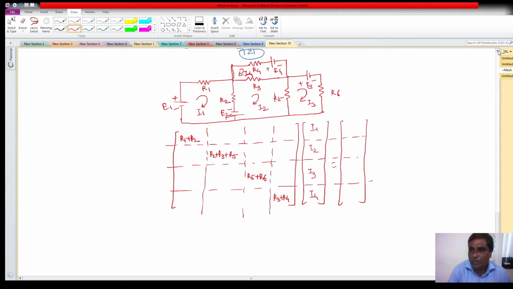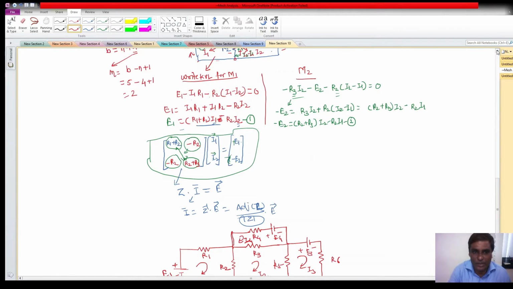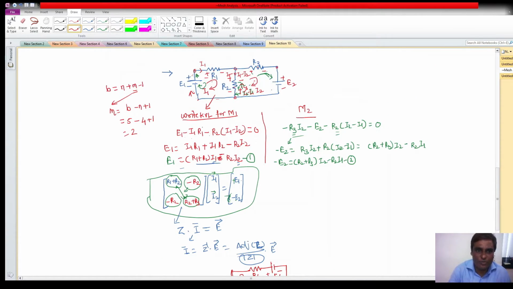One more point I have forgotten to tell you. One more conclusion we can draw: as we observe that the circuit consists of independent voltage sources, the off-diagonal elements of the matrix will be a symmetric matrix. If independent sources are present, then the impedance matrix will always be symmetric. If dependent sources are present in the circuit, then we will not get a symmetric matrix.